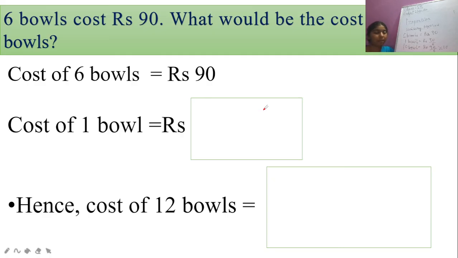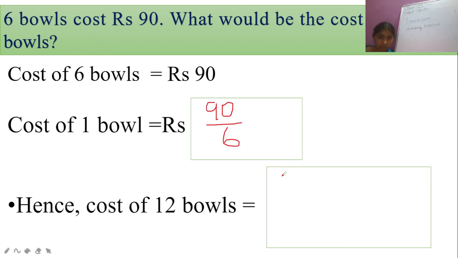So see, now again we have the 6 balls whose cost is 90, but what would be the cost of 12 such balls now? Now you have to find it out for the 12. Do we use the unitary method again? Yes. So we know that the cost of 6 balls equals rupees 90 and the cost of 1 ball is 90 by 6.